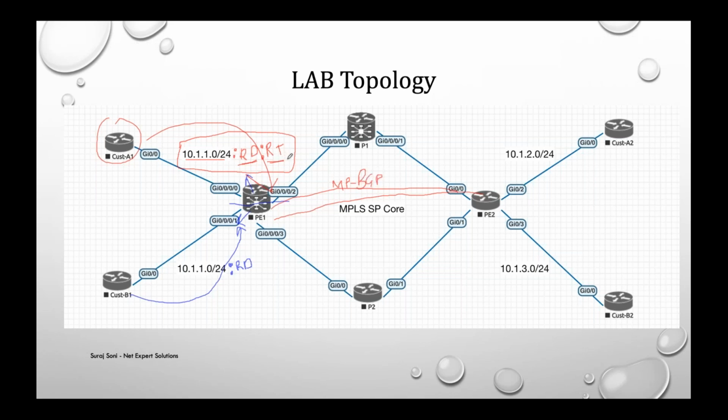This MPBGP will carry this particular packet, because this is your normal IP header, and then I'm adding two more values on top of it. So the size of the packet actually increases.